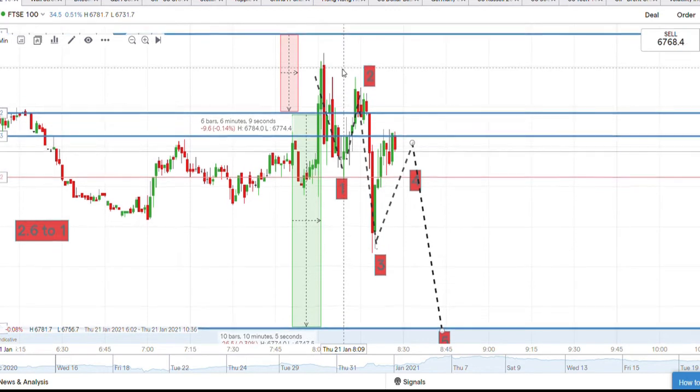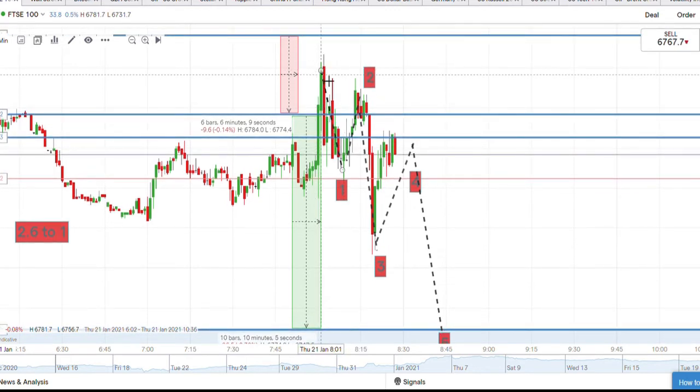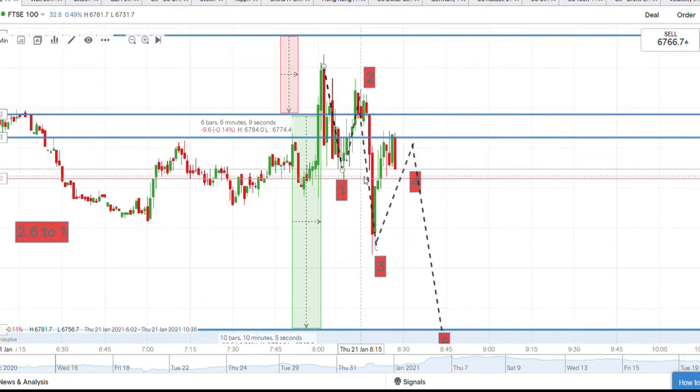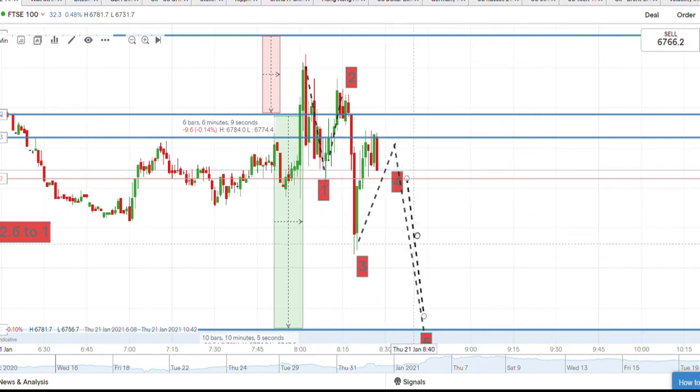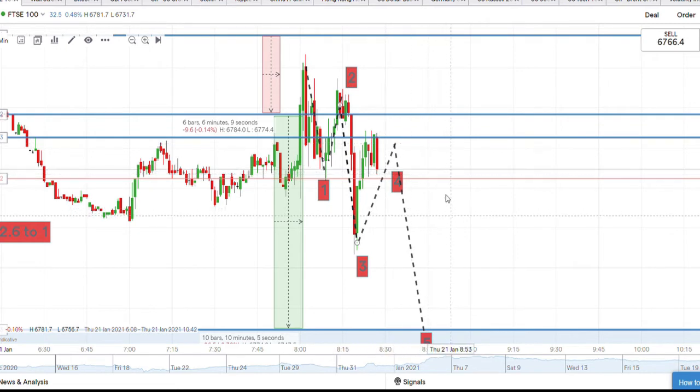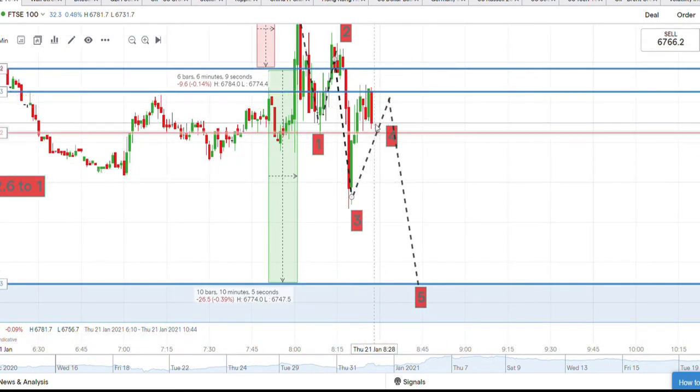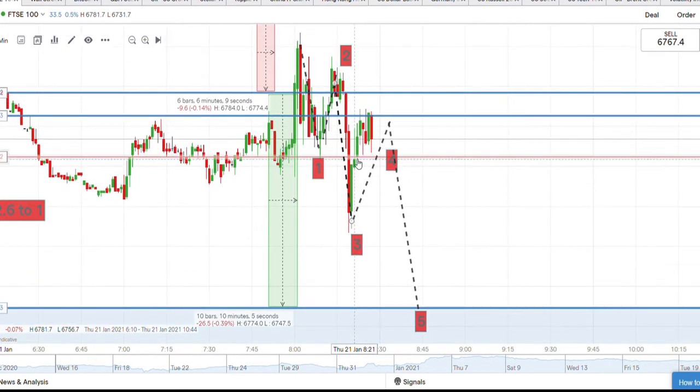So if we take that to that and we move this, as you can see, it's bigger than that one. Not as big as that one. Wave 3 can also be a different structure. So this could be one of 3.